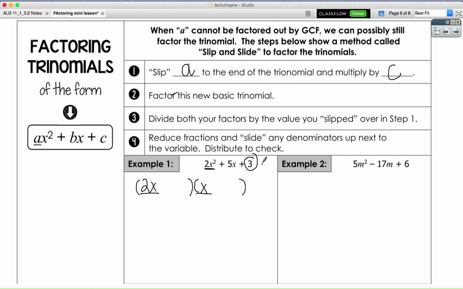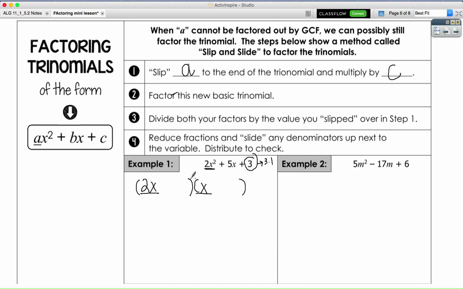Then we focus in on 3 and think of what's the possible combinations. Well, again, 3 and 1 is the only possible way to get to 3 by multiplying, and so that limits it. But there are often times when the number at the end is not prime either, and you have to list out multiple factors and see which one works.